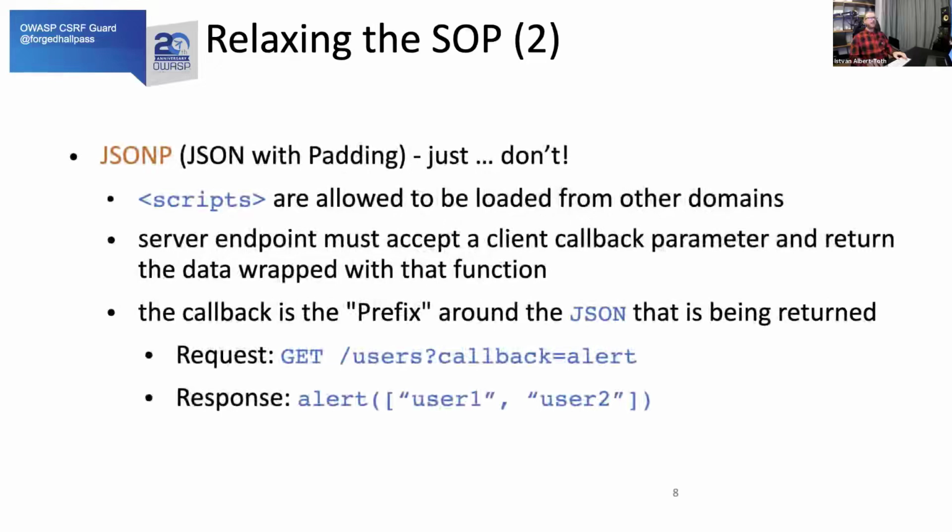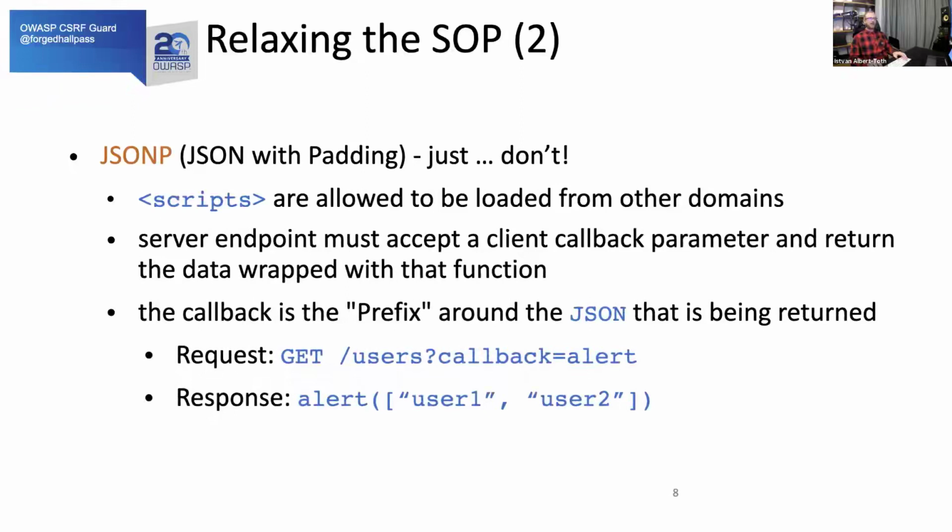Moving forward, there's also another historical way of working around the SOP, which is JSON-P, JSON with padding. Since by default scripts are allowed to be loaded from other domains, this could work, but it means that the server endpoint must accept a client callback parameter and return the data wrapped with that function.